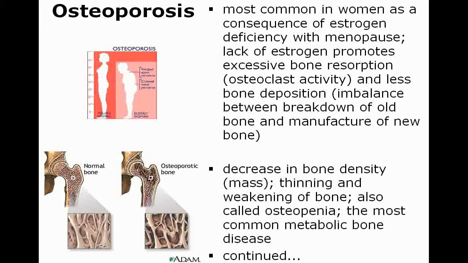You hear of elderly women who commonly break their hip, and it's not that they fall and break their hip, it's that their hip breaks and then they fall. You can see a great picture of the hip here with the normal bone and the osteoporotic bone, and what the neck of the femur looks like there.